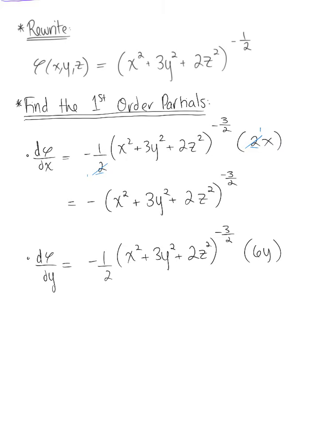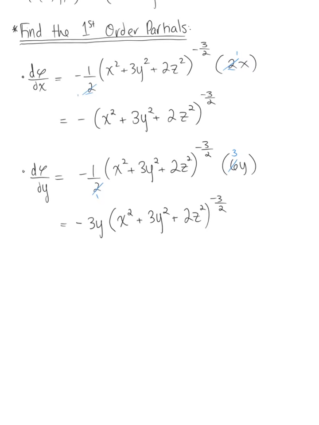And again, we can simplify here. We know that 2 goes into 6 3 times, leaving us with a beautiful final answer of negative 3y multiplied by x squared plus 3y squared plus 2z squared, all raised to that negative 3/2.